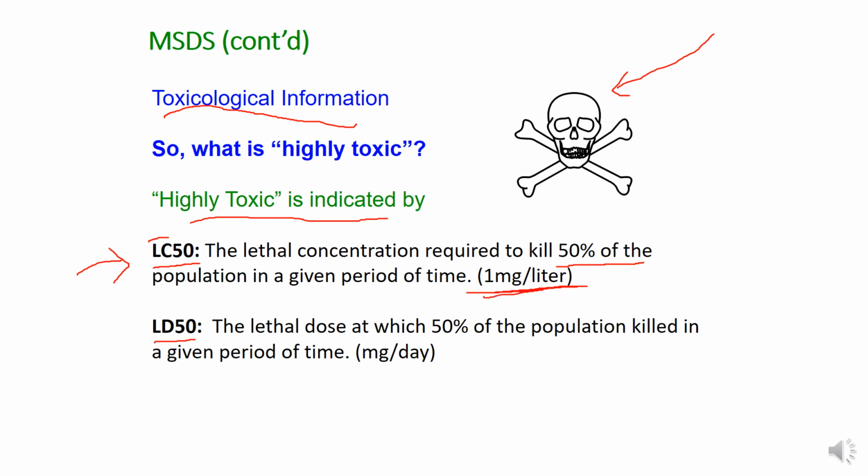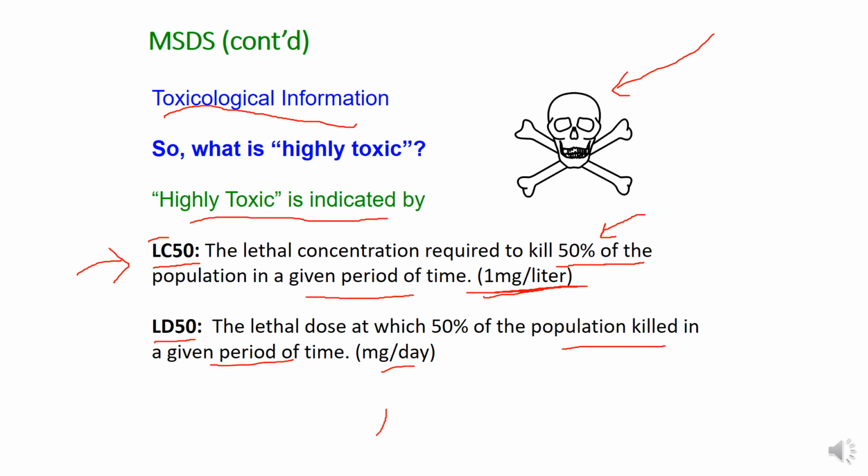So if the concentration of 1 milligram per liter is provided over a particular period of time and it kills 50% of the population, whether it is mice or plants or something different, for example here mice, then it is called LC50. And LD is the lethal dose at which 50% of the population is killed in a given period of time, in milligram per day.